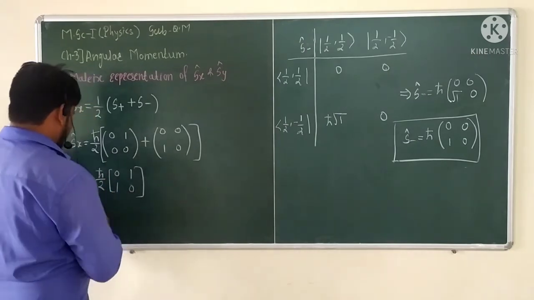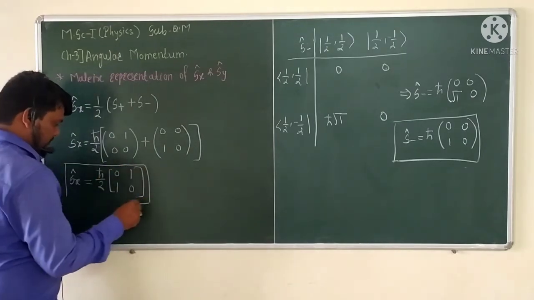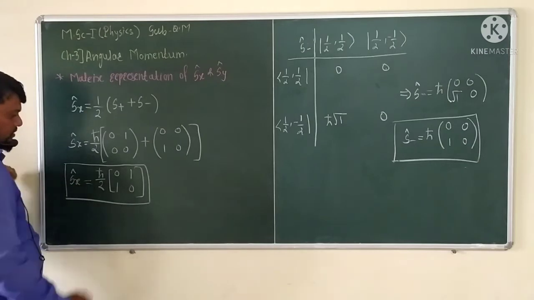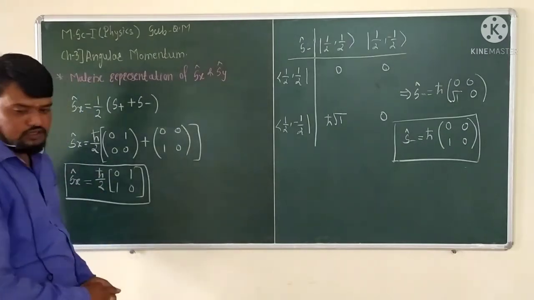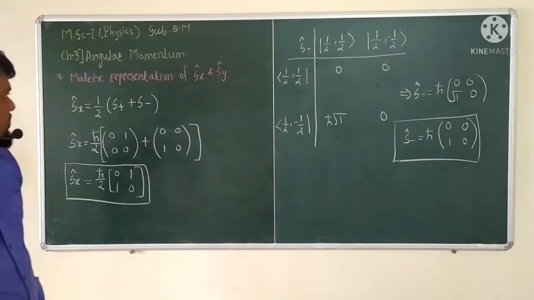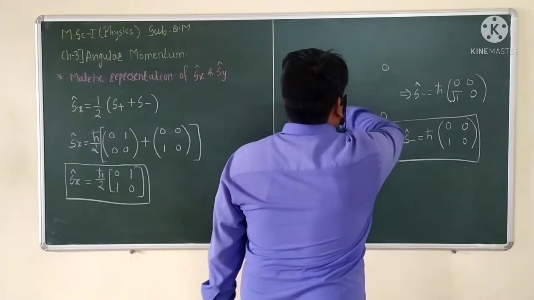So the matrix representation of Sx cap is h cross by 2 times 0 1 1 0.